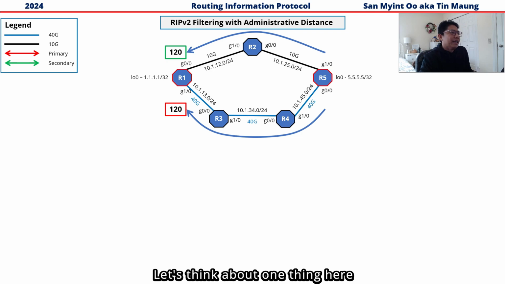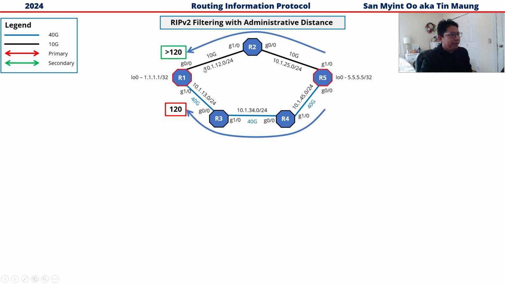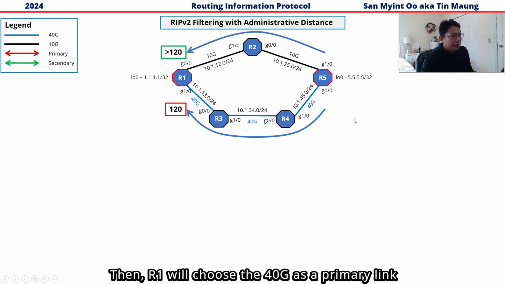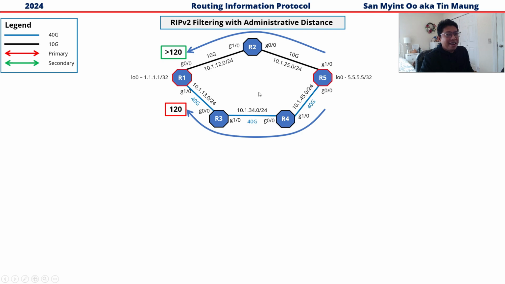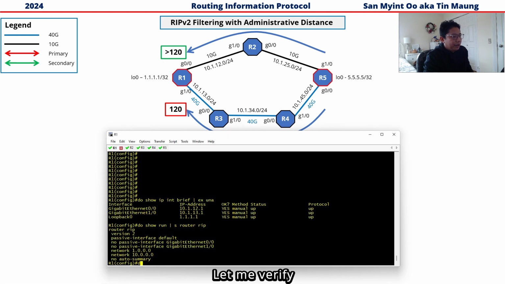Let's think about one thing here. What if we receive a RIP AD value of more than 120 from this path? Then router 1 will choose the 40G as the primary link. You got it? Okay, before we increase the AD value, let me verify with show ip rip database.